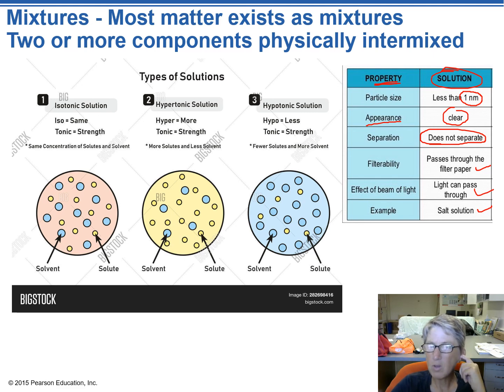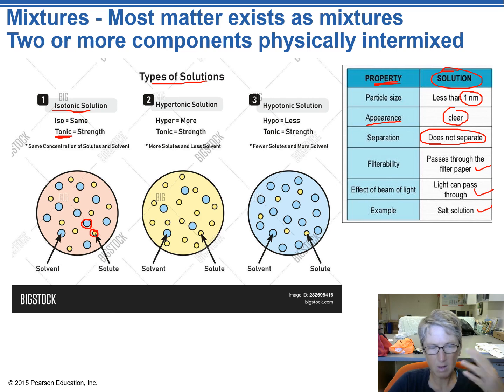So tonicity is also kind of like the concentration of the saltiness of a solution. In this cartoon, it shows the different types of solutions. If you have an isotonic solution, iso means the same, and tonicity means strength. So the strength of the solution. In an isotonic solution, you have the same number of solute molecules as you do solvent molecules.